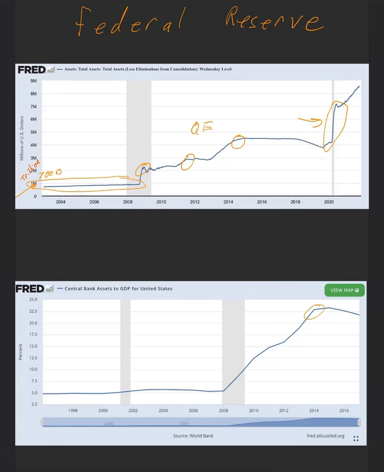We're going to talk about monetary policy. So basically, think of this as sort of a primer for what we're looking at, right? The Federal Reserve has engaged in new types of behavior. Okay, the Federal Reserve asset balance sheet was around $700 billion for most of its history, up till the 2008 recession.